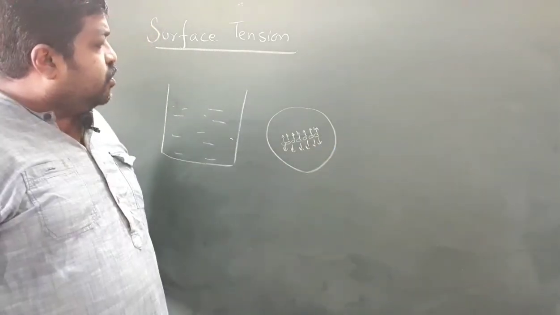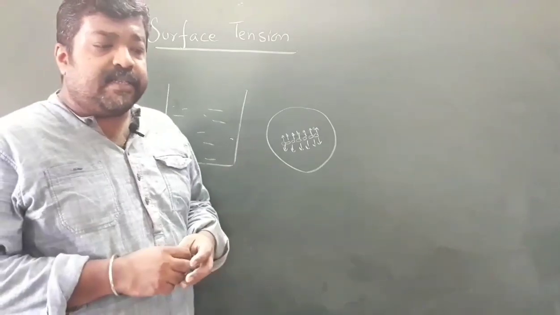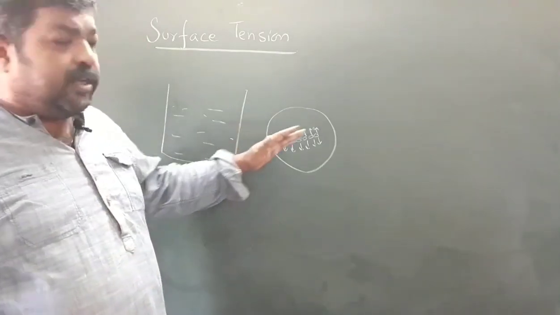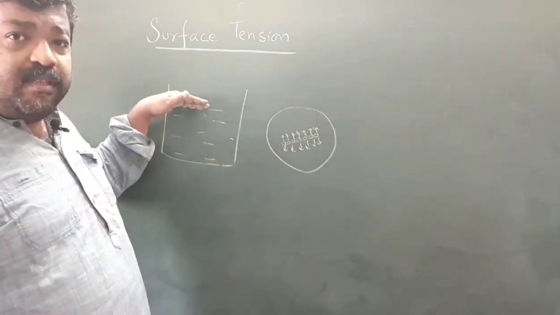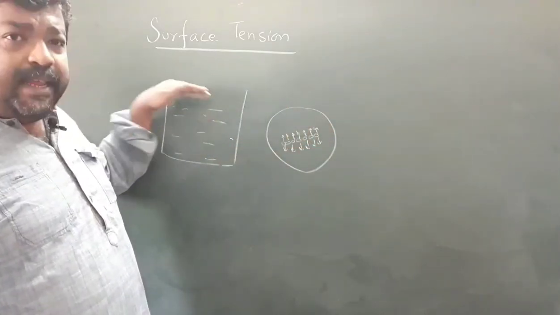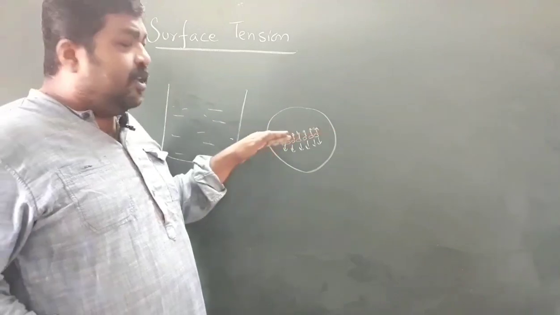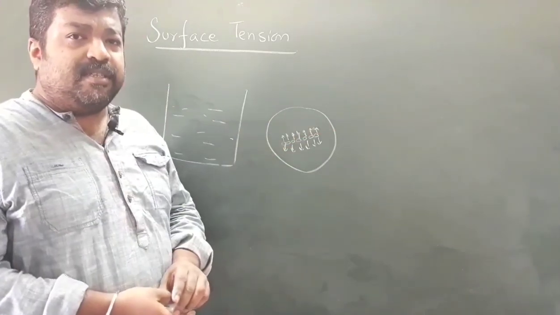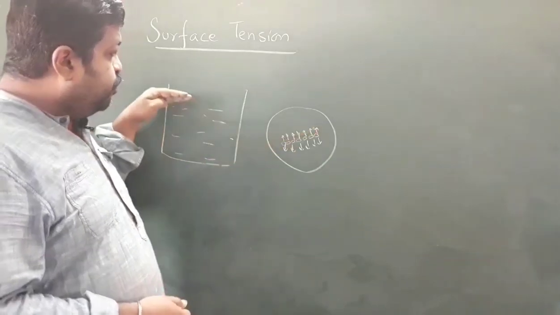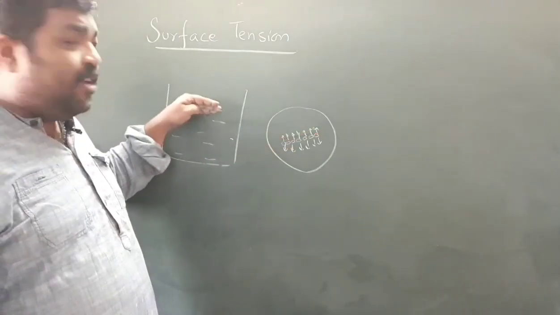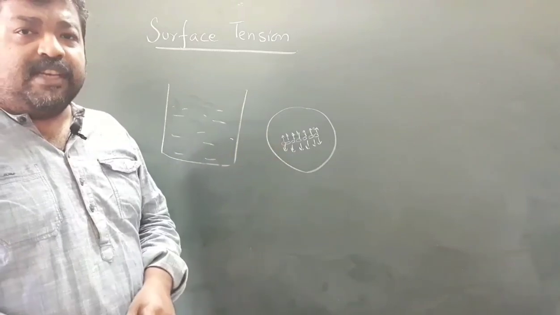So surface tension is defined as the force per unit length on the plane of interface. This is the plane of interface, the interface between liquid and air. So the force per unit length on the plane of interface is called surface tension.